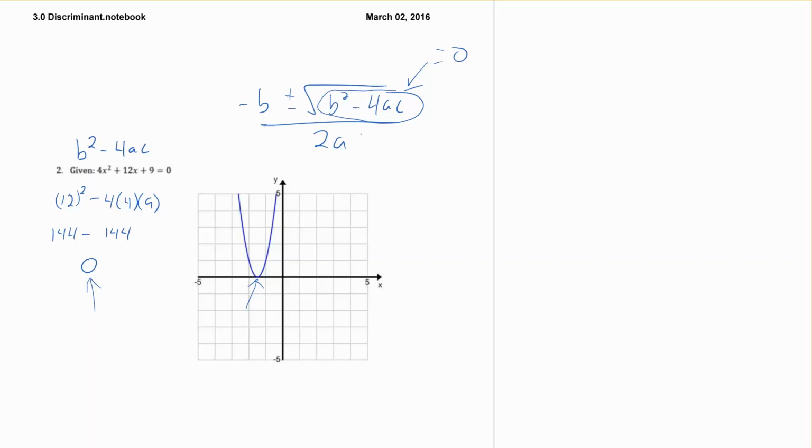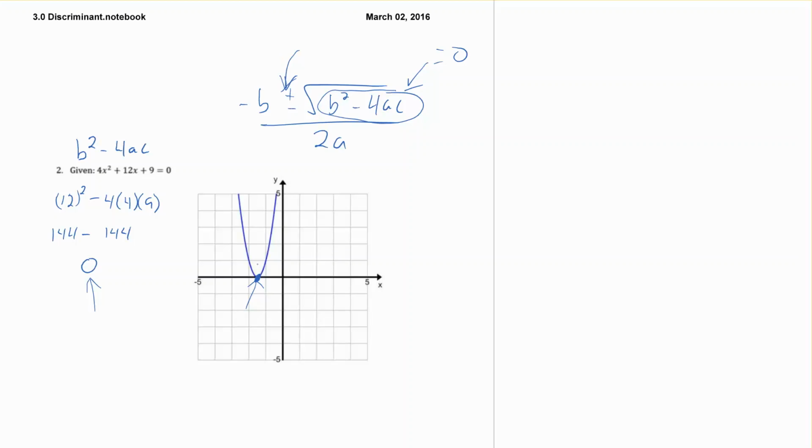So what that means is we're only going to get one solution of this thing, right? Because if I go plus or minus 0, it's going to be the same thing. So we only have one solution. If 0 is underneath the square root symbol here, this is only going to ever pop out one solution at me. I'm never going to get two because I'm adding or subtracting 0.